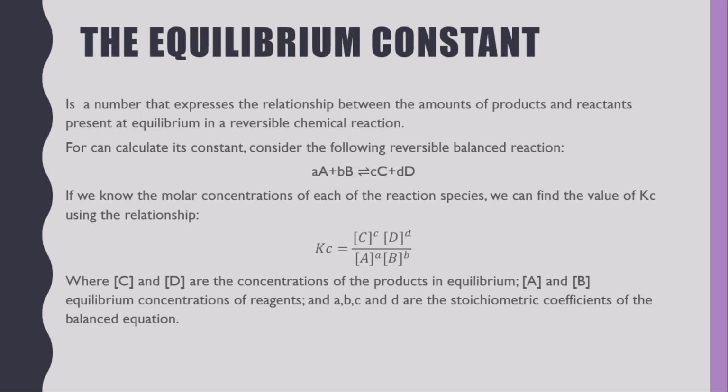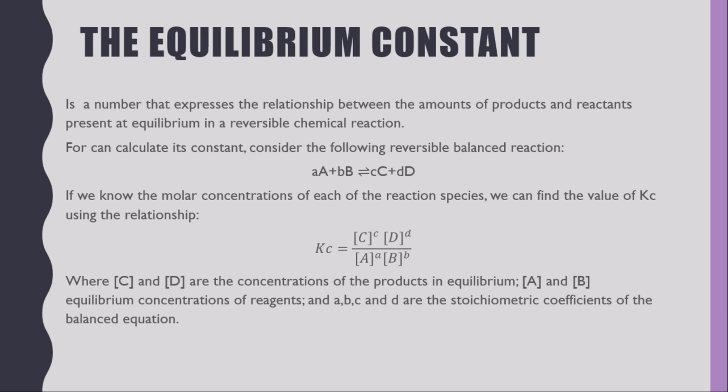Some important facts about the constant: it is the result of a reaction at a determined temperature. If the temperature changes, the constant will change. The constant is reported without units in the majority of cases. The reaction must be balanced with the coefficients written as the minimum integral values possible in order to obtain the correct value.